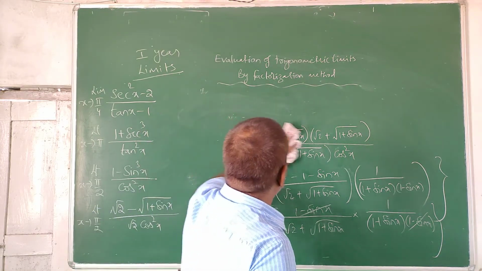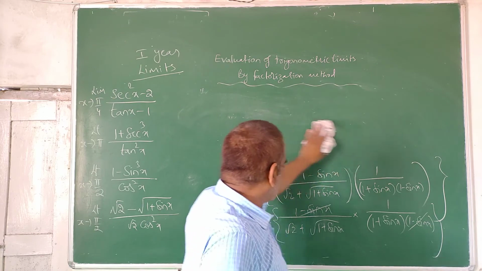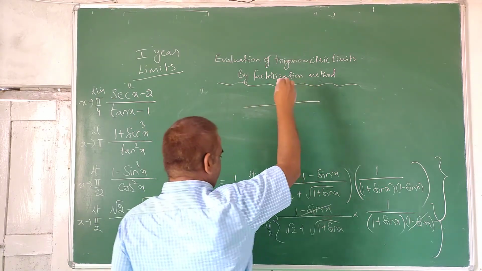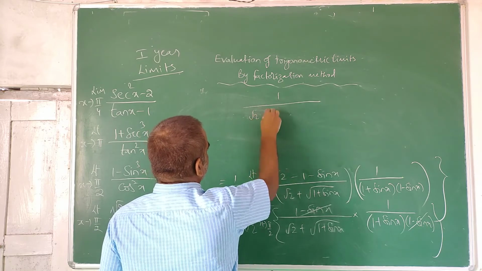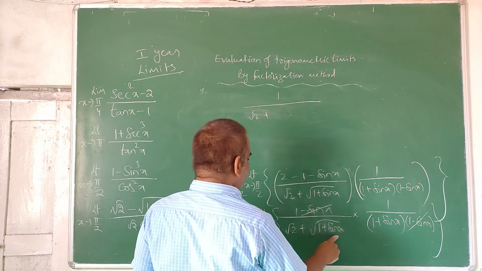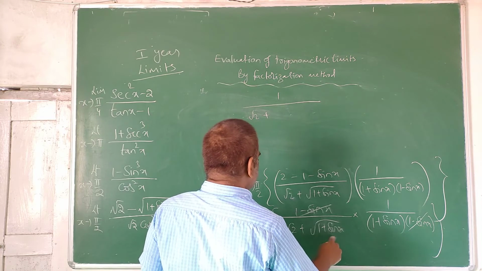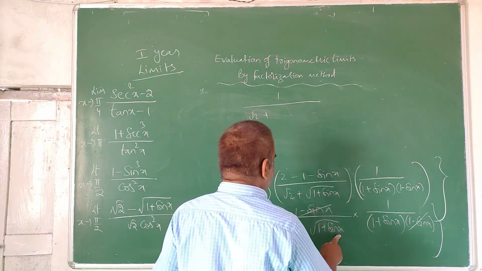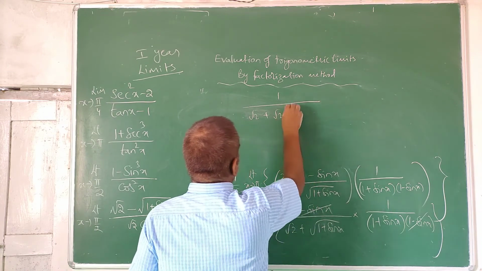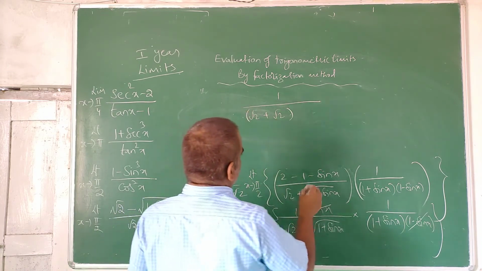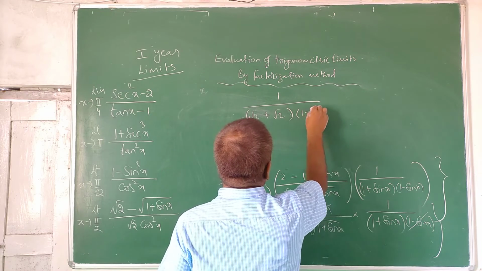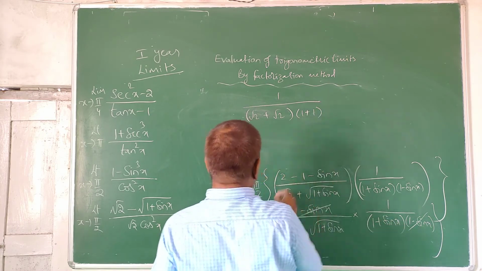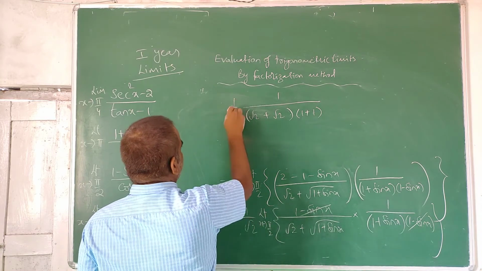Now at this stage if you go for substitution, 1 into 1, you get 1 by root 2 plus, sin pi by 2 is 1, so root 1 plus 1 is root 2. So root 2 plus root 2, into 1 plus sin pi by 2, which is 1, and outside the constant is 1 by root 2.